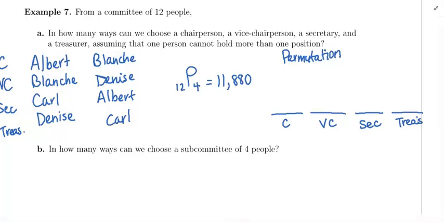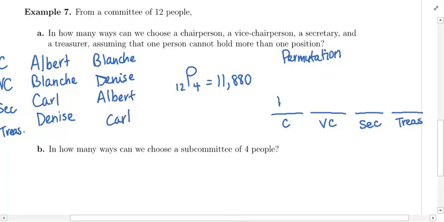So remember, there's 12 total people on this committee. As far as the chairperson is concerned, if we fill that first, there's 12 people to choose from. Any of the 12 people can serve as the chairperson. Once that position is filled, a person can't hold more than one office. So then there's 11 people to choose from to be vice chair.